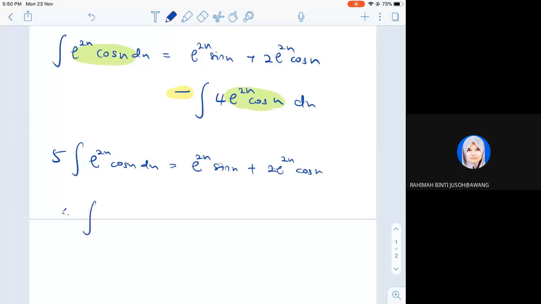Therefore, integration of exponent 2x cos x dx is equivalent to 1 over 5. Divides everything with 5 lah. So exponent 2x sin x plus 2 exponent 2x cos x plus c. That's the answer. This is for the case of repeating.